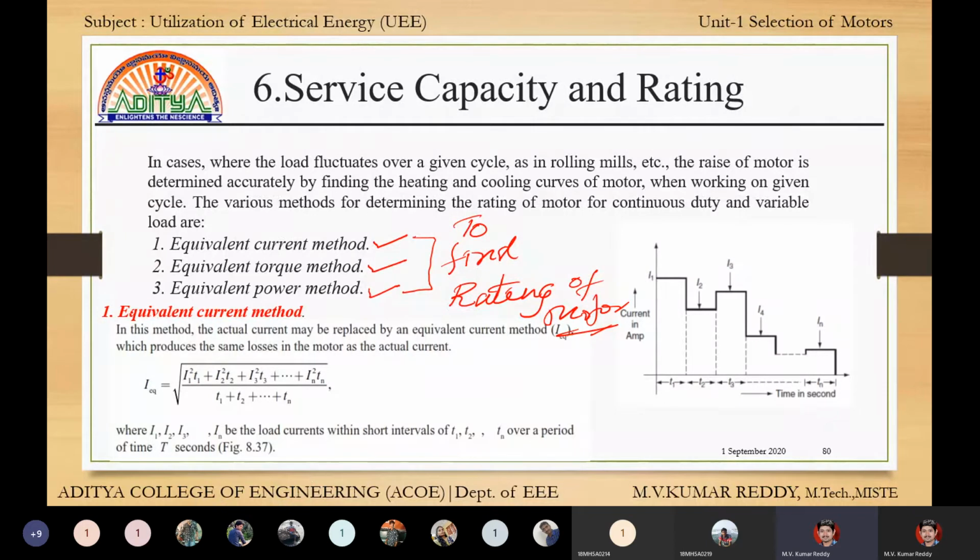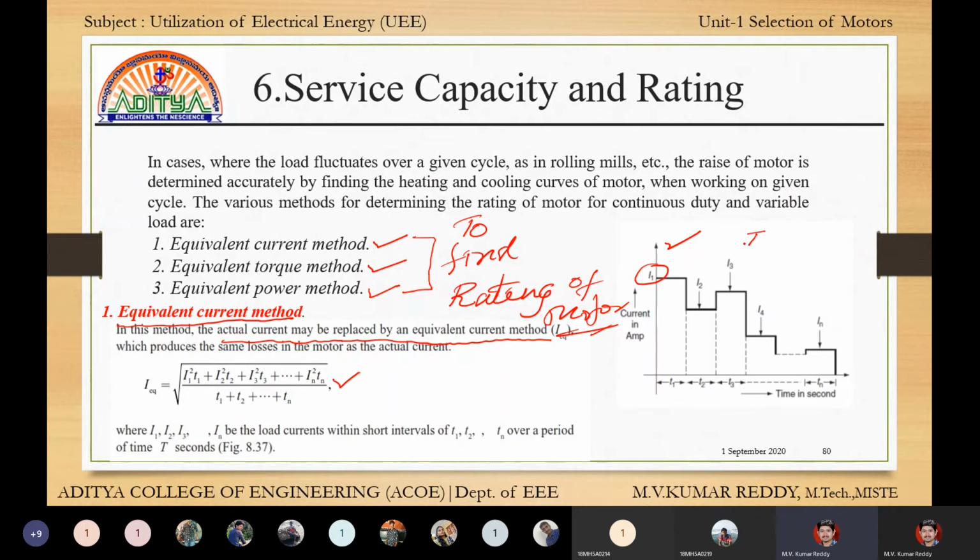First one is the equivalent current method. In the equivalent current method, the actual current is replaced by an equivalent current. In these graphs, this is the common formula. Suppose I1 is there.